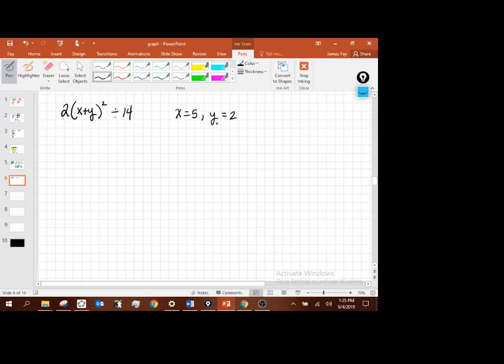Okay, so first thing you're going to do, we're going to evaluate this. X is 5, so wherever I see an x, replace it with 5. Y is 2, wherever I see a y, replace it with 2, right? So I'm going to have 2, and it'll be 5 plus 2, squared then, and then divided by 14.